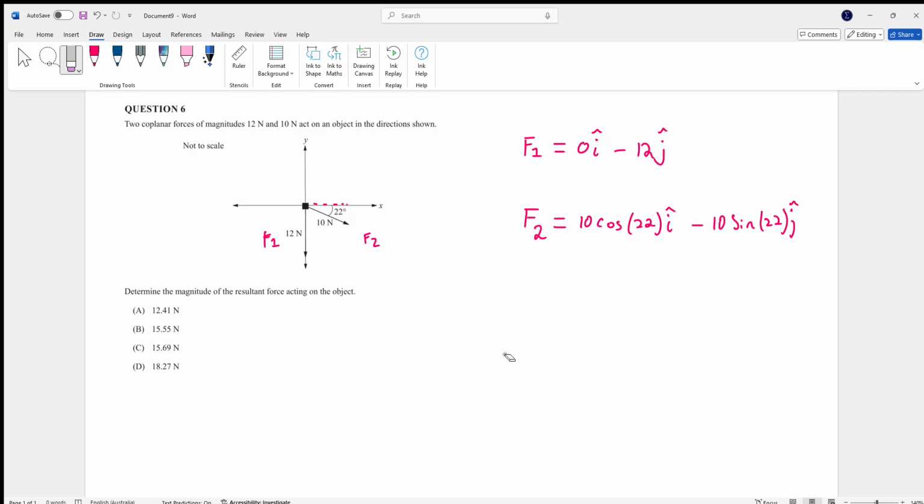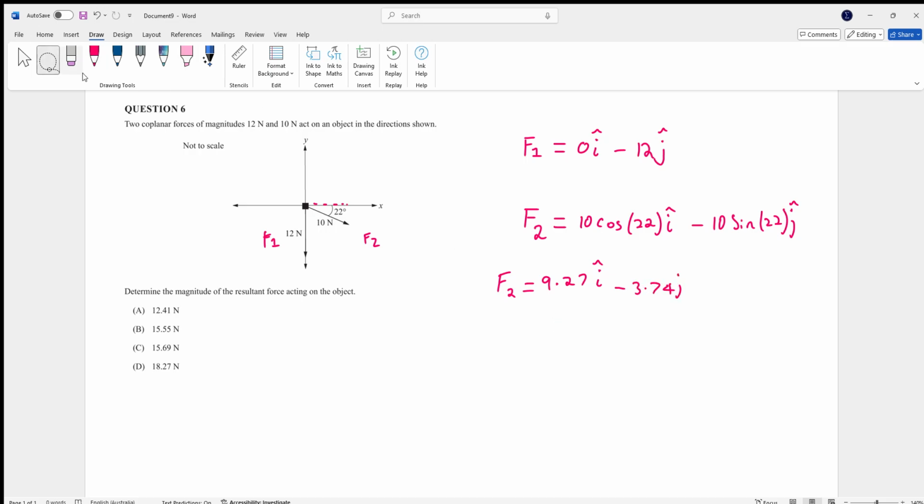So 10 cos 22 gives us, make sure you are in degrees for this bit, I just made the mistake there, otherwise you'll get incorrect values. So F2 is 9.27i, and 10 sin 22 gives minus 3.74j.